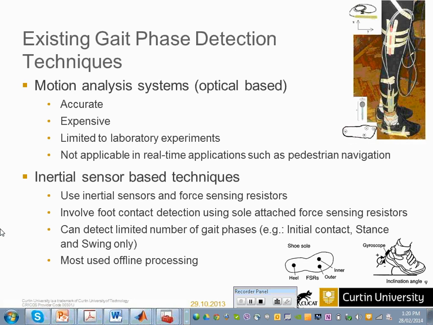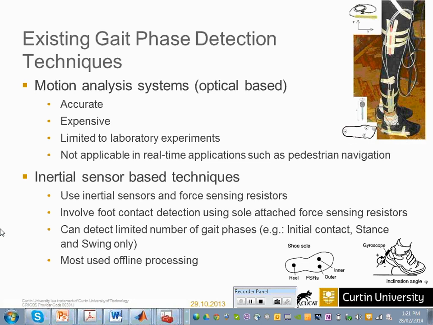Most of them use sole sensors as well to detect the touching point, basically the heel contact or the initial contact point and loading response. They can easily detect these by using pressure sensors attached to the sole. And of course, they need several sensors, not just a single sensor. Single sensor means single unit, but here several sensors are attached to the legs and the sole.